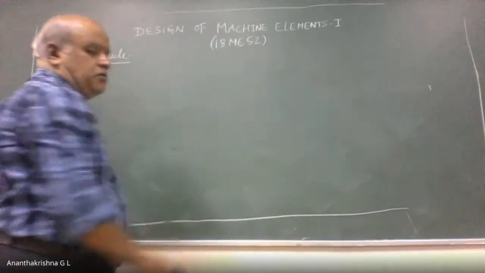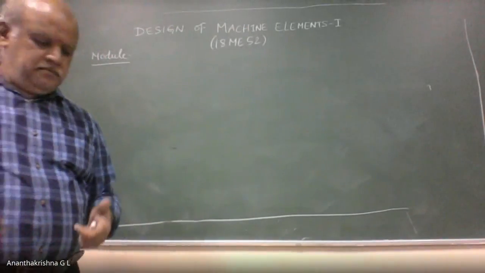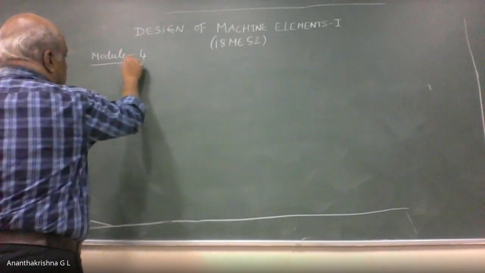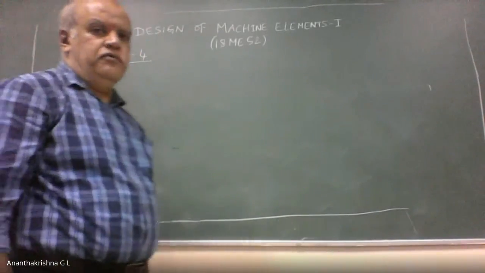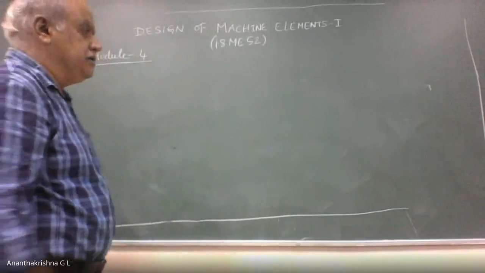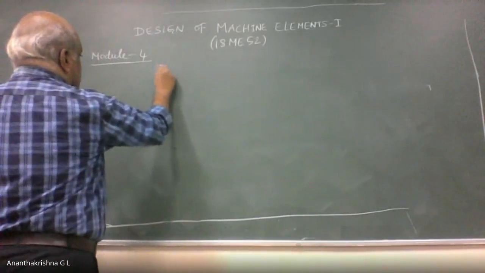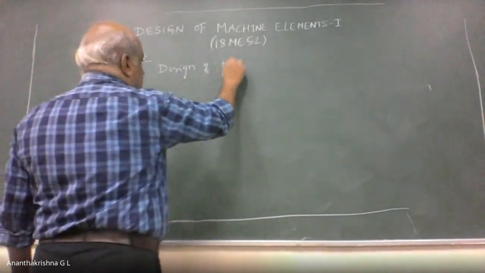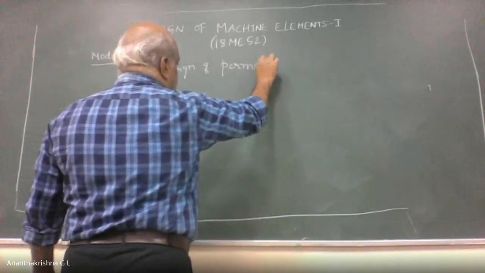We are discussing the syllabus, and next is module 4. In module 4, we are going to learn about design of permanent joints.